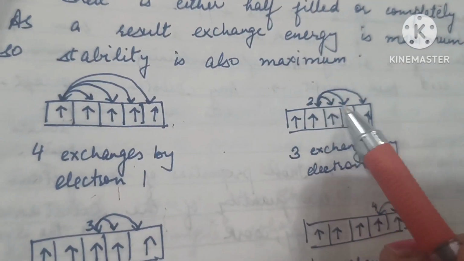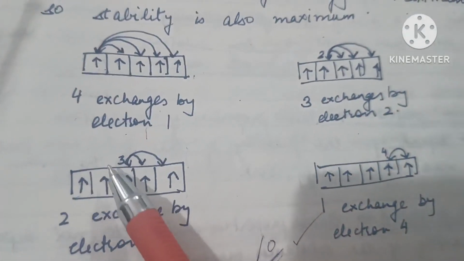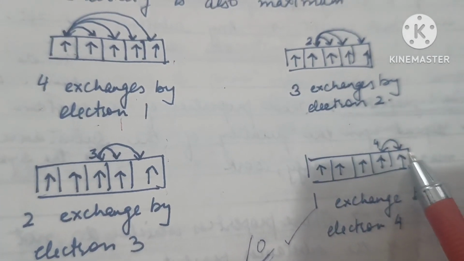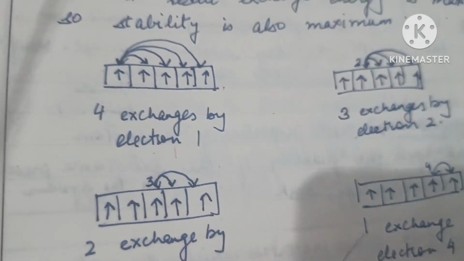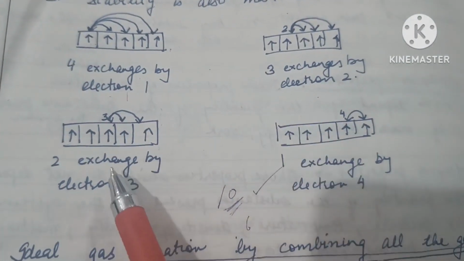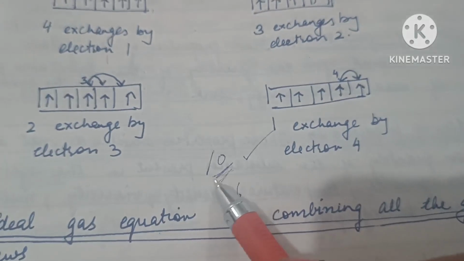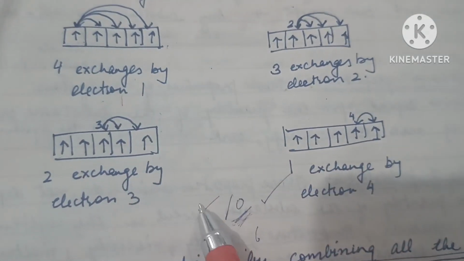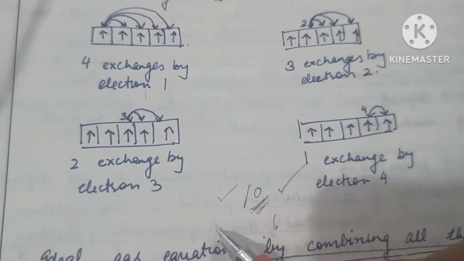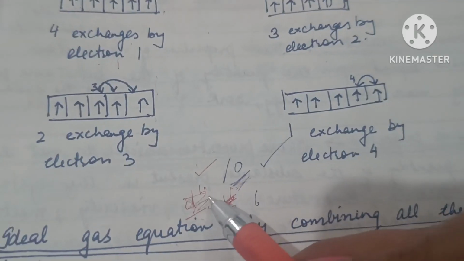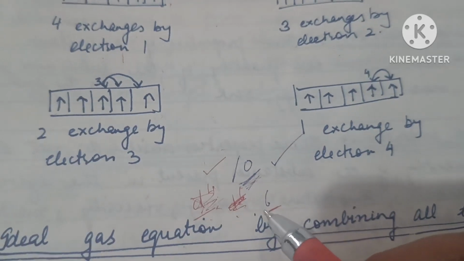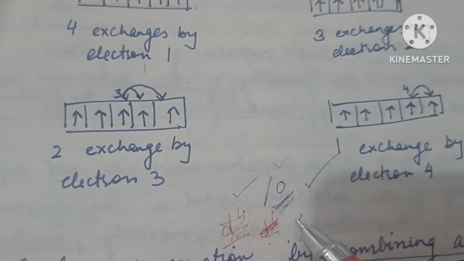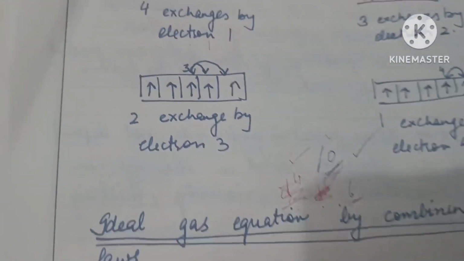Similarly, 3 exchanges by electron 2, 2 exchanges by electron 3, and 1 exchange by electron 4. So in all, now 4 plus 3 plus 2 plus 1, that is 10 exchanges occur in case of half-filled configuration d5. Whereas if the configuration is d4, then the number of exchanges is only 6. So because of greater exchanges, this configuration is more stable.